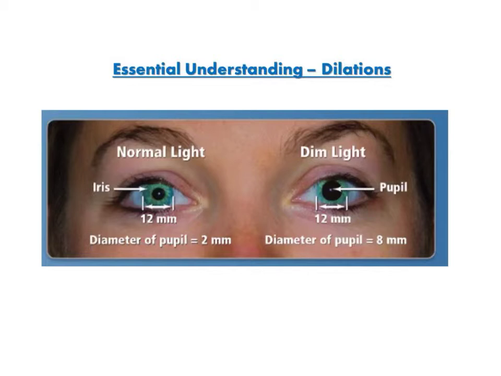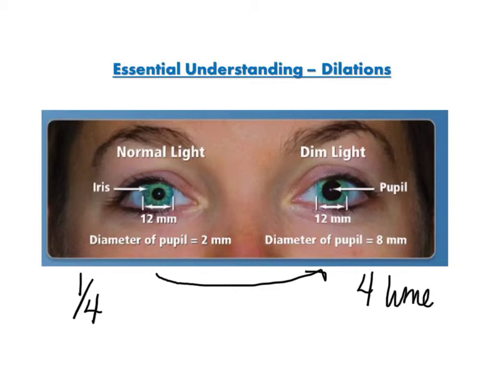So we could say that the ratio of this is 1/4 the size, or 2/8, or also you could say that this is 4 times bigger. So there's a couple ways of looking at that. That's how we're going to look at this. You can either make them bigger or you can make them smaller.